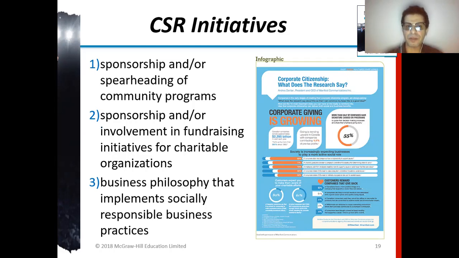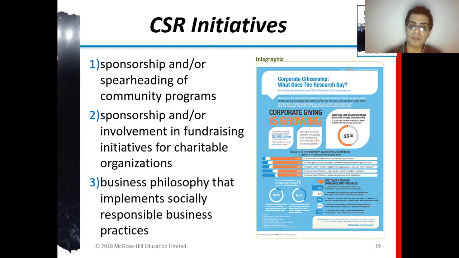So, sponsorship and or spreading of the community program, sponsorship and or involvement in fundraising. You can be involved in fundraising initiatives for charitable organizations and show that.